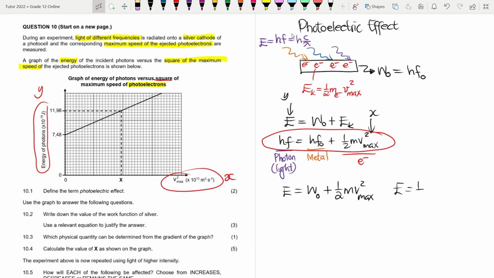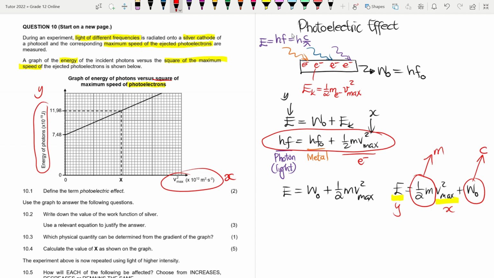I can rewrite it like this, and what you see is that energy, which is my y, is related to V max squared, which is my x. So immediately you can identify the gradient, and you can identify the intercept.